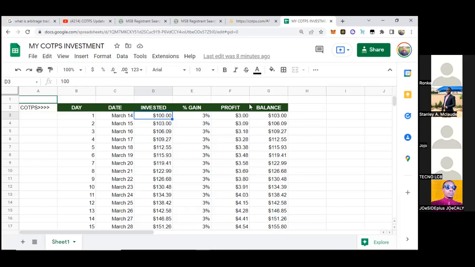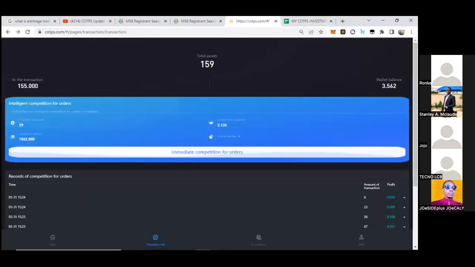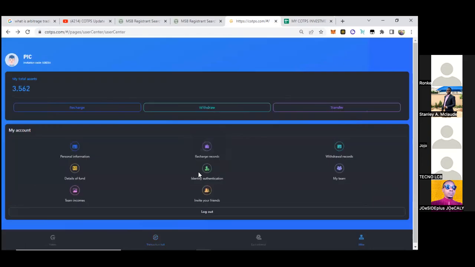One of the first things you have to do when you join, the first thing that we advise, is identity authentication. That frees up your account so you can do unlimited withdrawals and deposits with no hassle. So was that the issue you were having? Yes, it was the issue I was having.